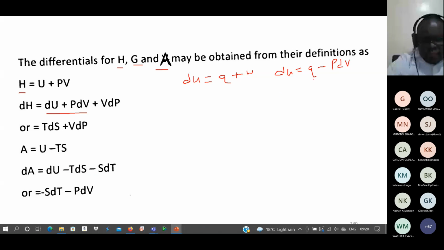And then we had said that Q is the same as T dS. So dU equals T dS.